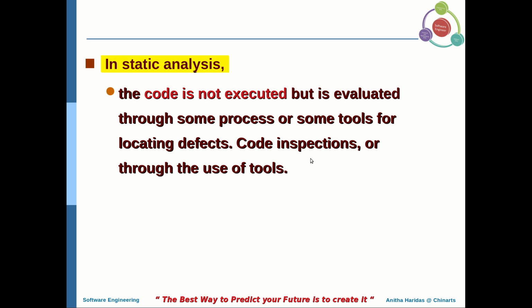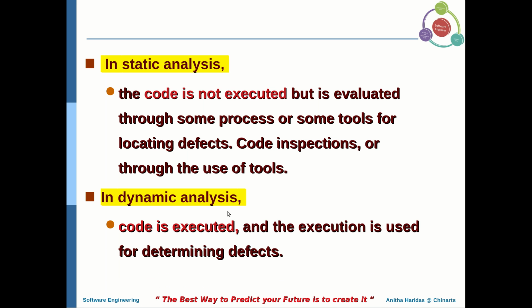You will be doing code inspections manually, or you may be using some software tools for the code inspections. That is what you do in the static analysis. So the program will not be executed, but you trace each and every statement of the program and you test whether any errors are available or any defects are there in the program code.